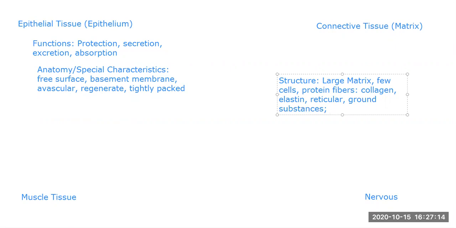And those are basically proteins that are fibrous. They look like clothing fibers or hairs just on a microscopic level. And the different connective tissues have different ratios of these fibers arranged in different ways. And that's what lends that connective tissue many different characteristics.